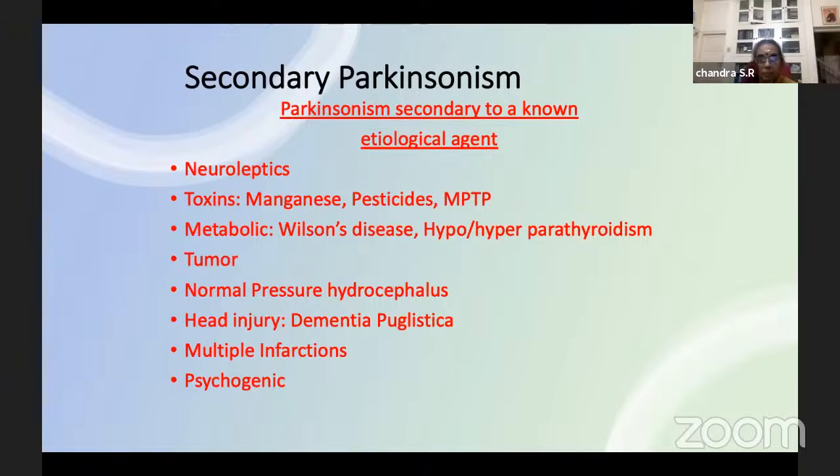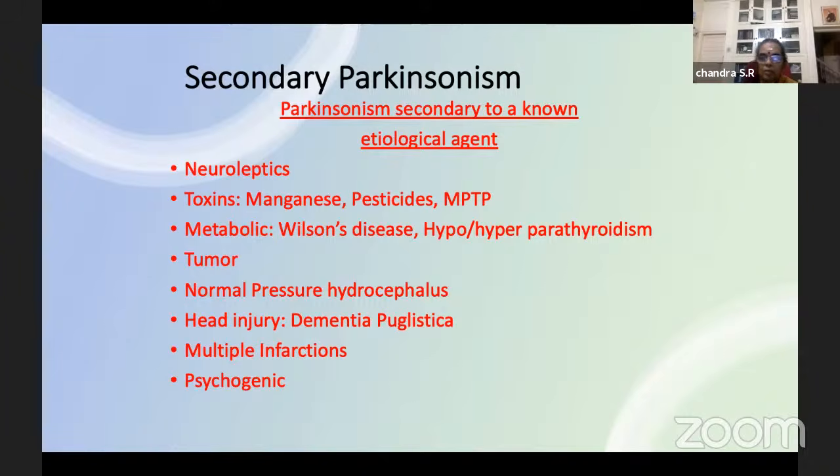Second is the Parkinson plus syndrome. Then the third group is Parkinsonism secondary to known etiological agents. That is use of neuroleptics, or toxins like manganese, pesticides, MPTP that is present in ganja, methyl phenyl tetrahydropyridine. So people who smoke ganja get Parkinsonism. Then Wilson's disease, copper and calcium dysregulation, tumors of the basal ganglia, NPH, head injury.